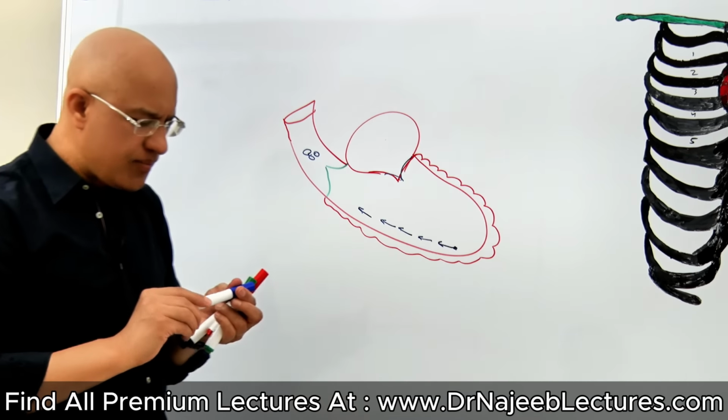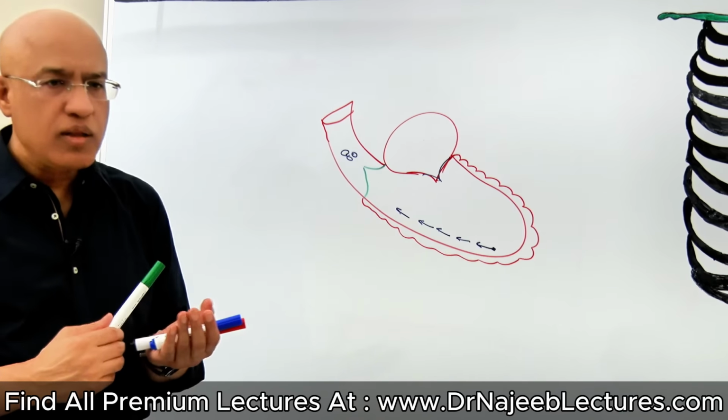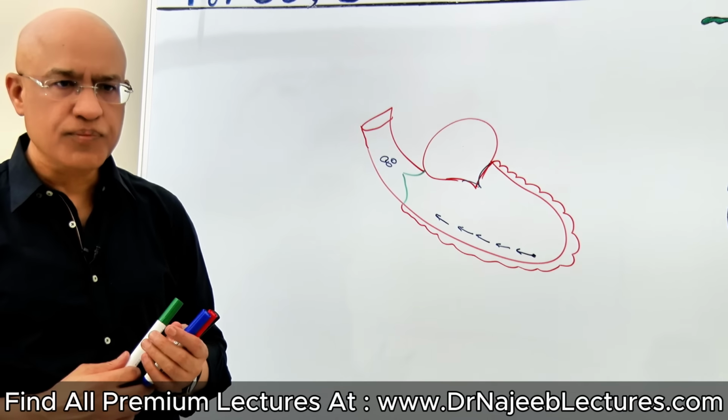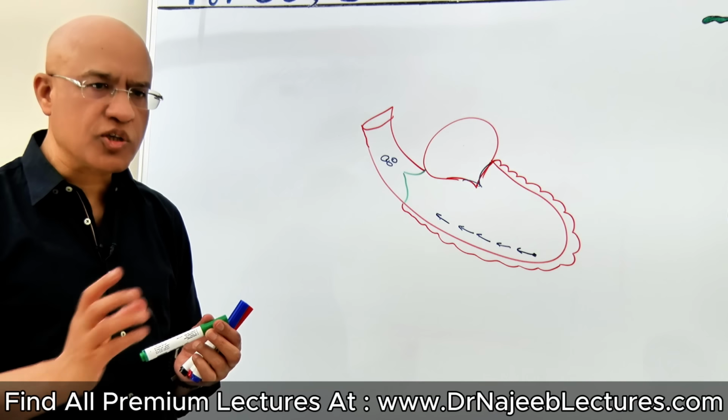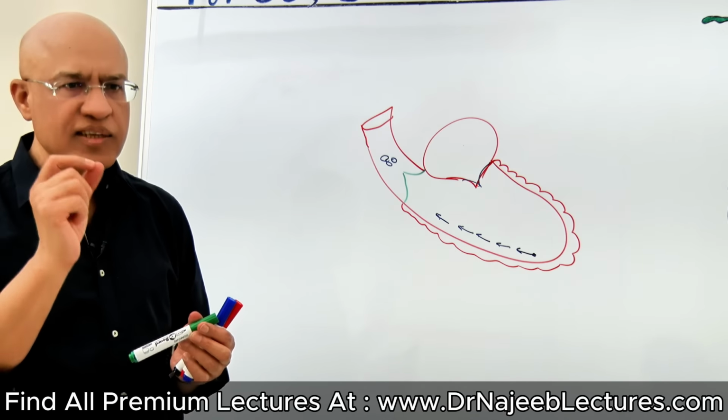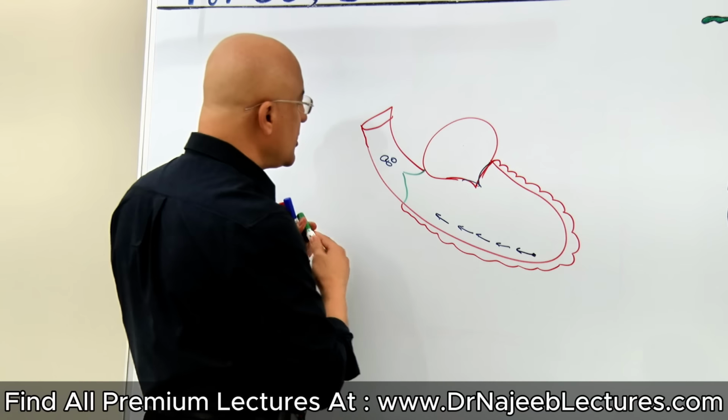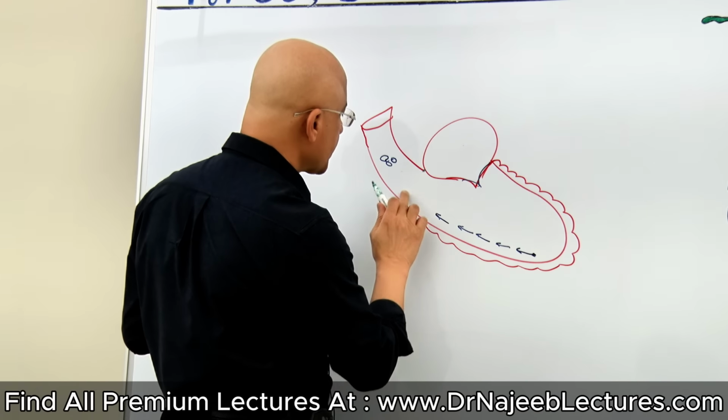But now imagine that there is some resistance to the outflow, pathological resistance, or some obstruction to the outflow. Let me take a classical example, a patient with aortic stenosis.